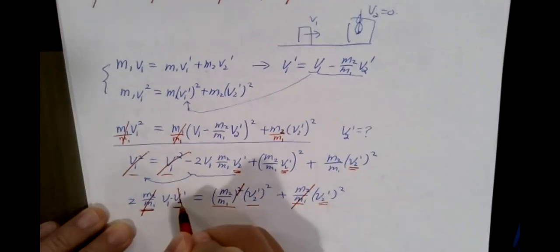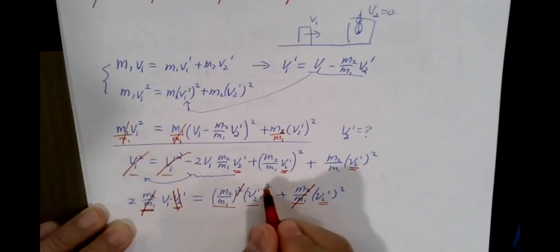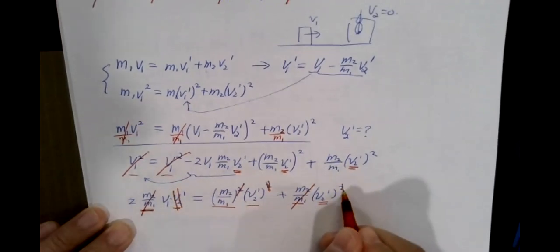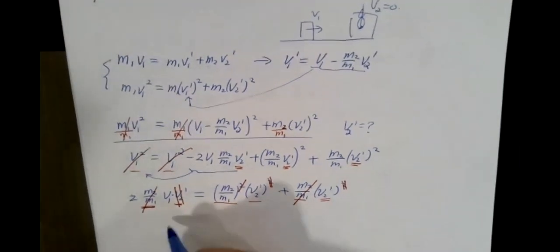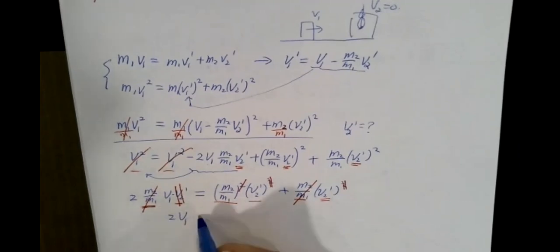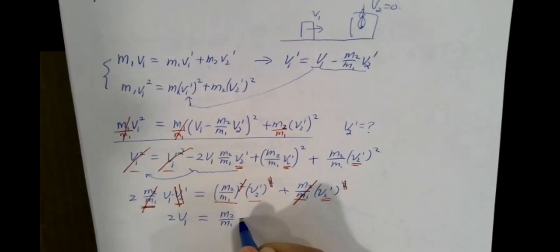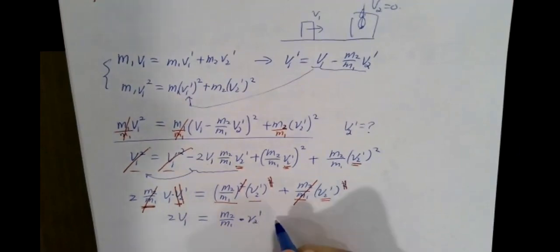Okay, so you can get rid of v2 prime, and then that reduces the order. Okay, so what's remaining right now is 2 times v1 on the left hand side equals m2 over m1 times v2 prime plus v2 prime.